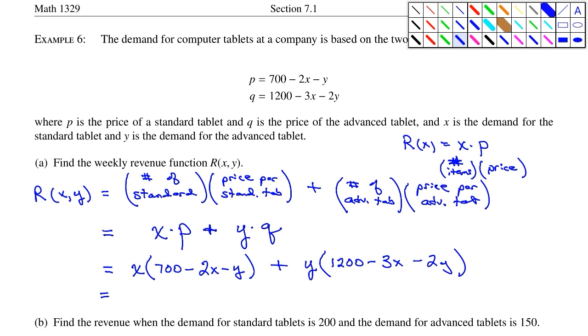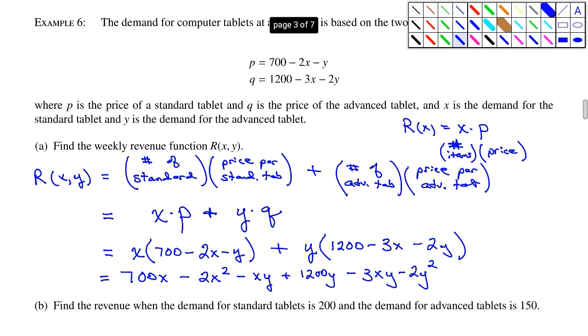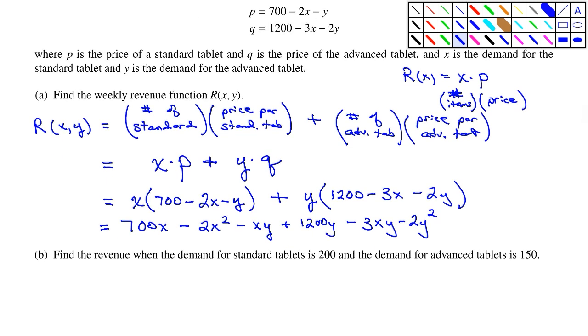So we're going to have 700x minus 2x squared minus xy plus 1200y minus 3xy minus 2y squared. The only thing that combines here is the xy terms.